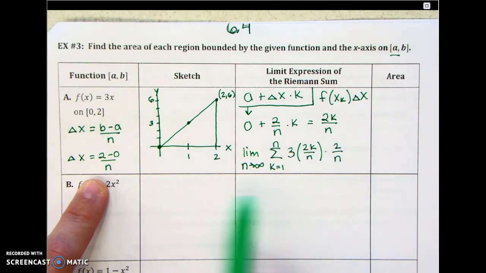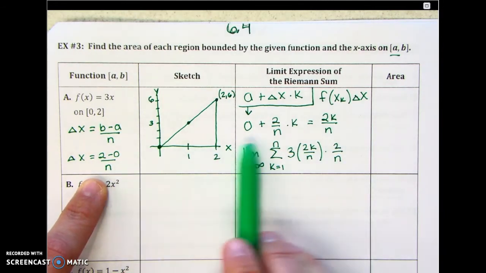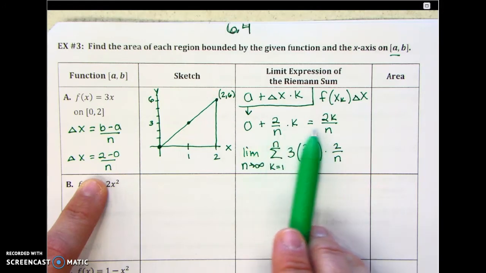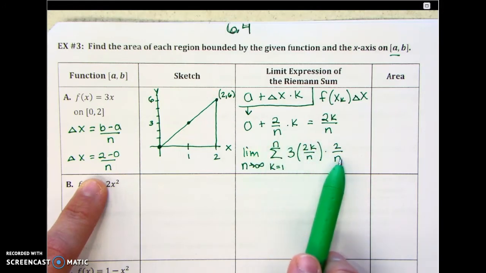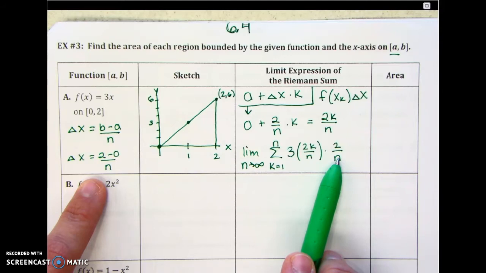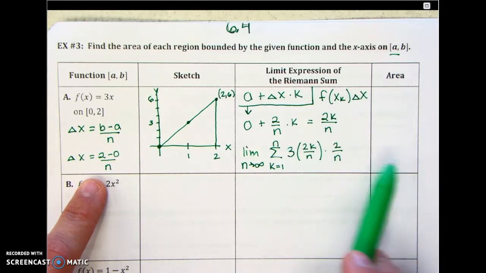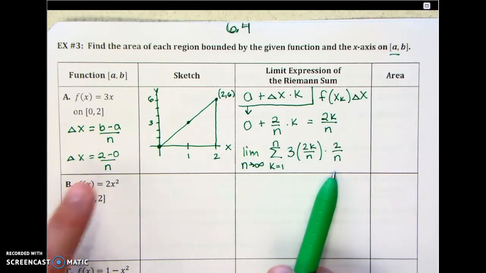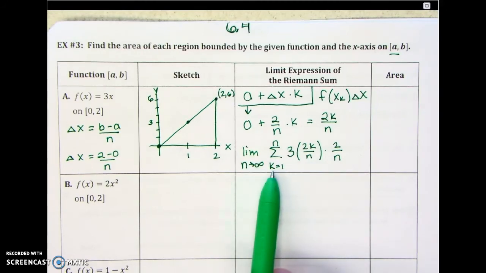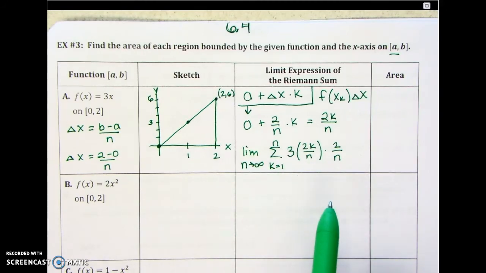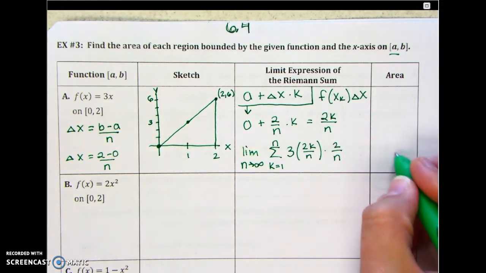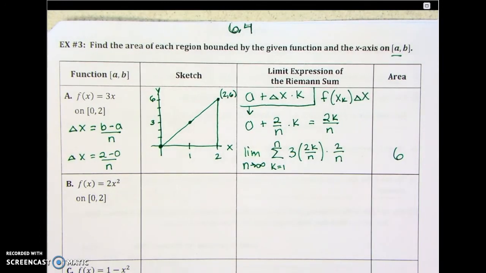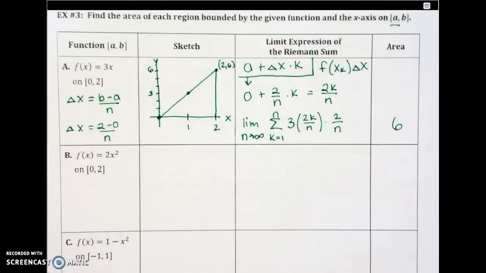So do you see how we use delta x here? And then we plug that answer into the function and then we use it again. Okay? All right. What is this area? You're going to type that into the calculator and get an area of 6. All right. Okay, let's do another one.